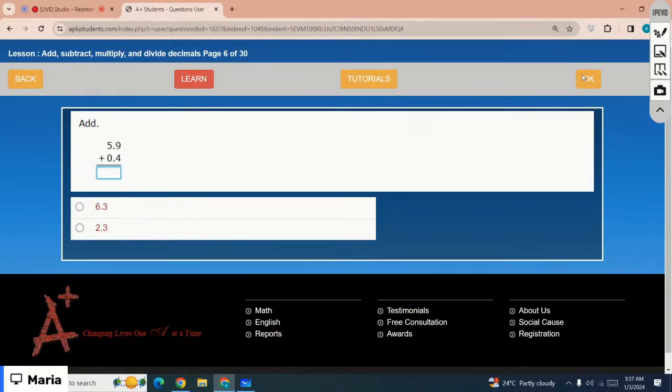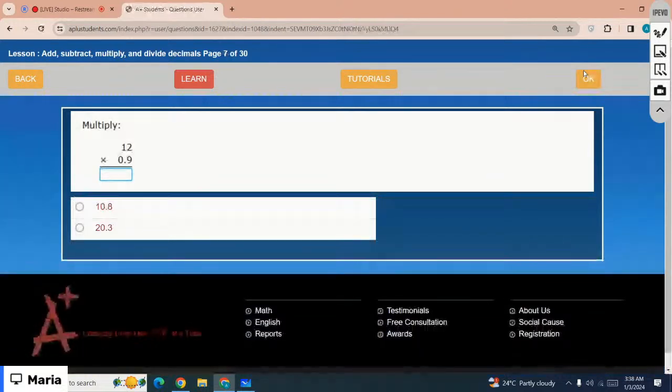5.9 plus 0.4, which is the correct option? You have to add. So, which is the correct option? Yes, you need to simply add. So, that is option number 1, 6.3 it is.